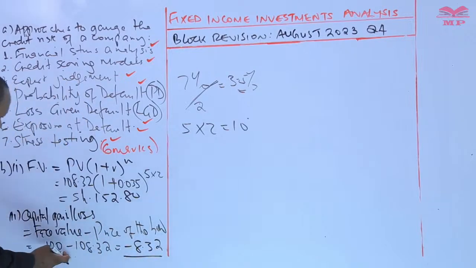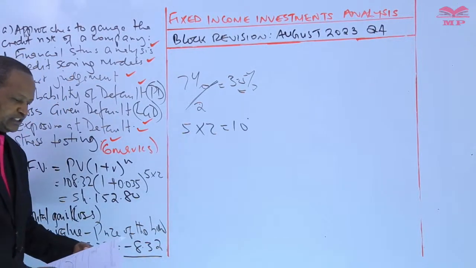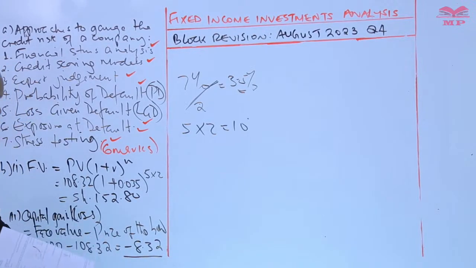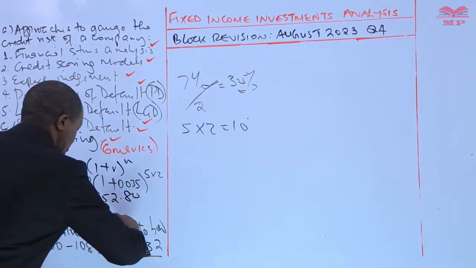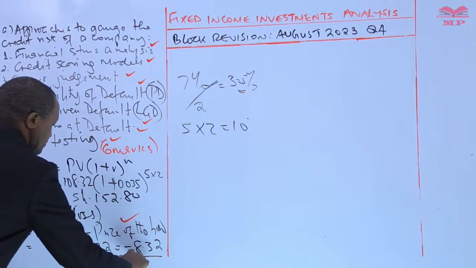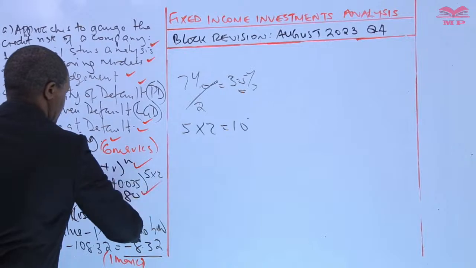This is a negative, and therefore it is a loss. So the capital loss is 8 shillings and 32 cents. That is part 2 of that question. So we've answered 1 and 2. This one is 1 mark. The other one is 2 marks.